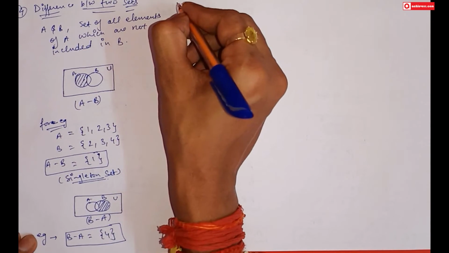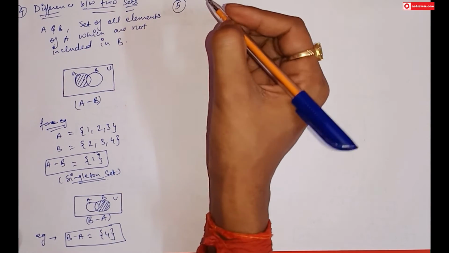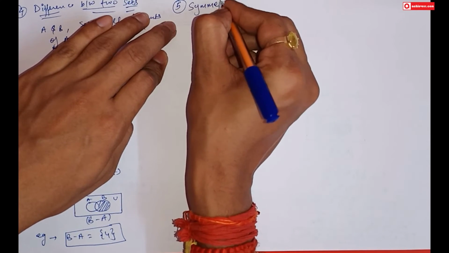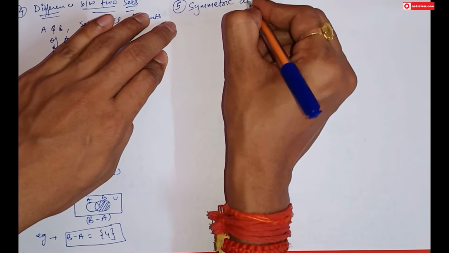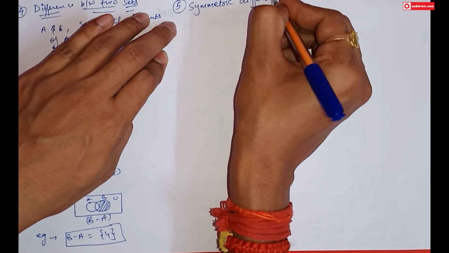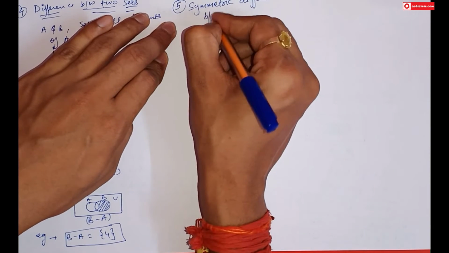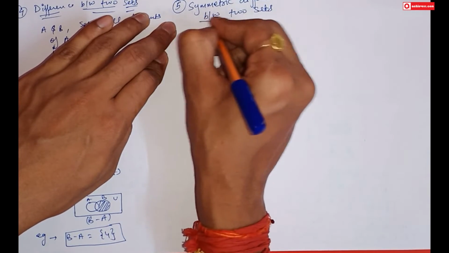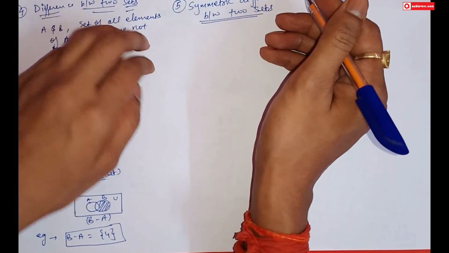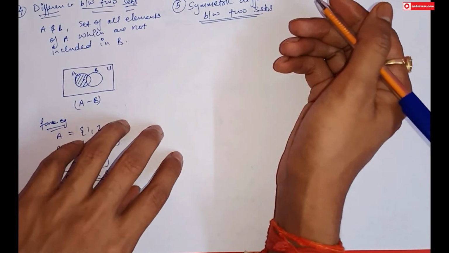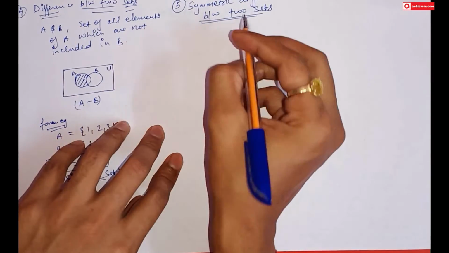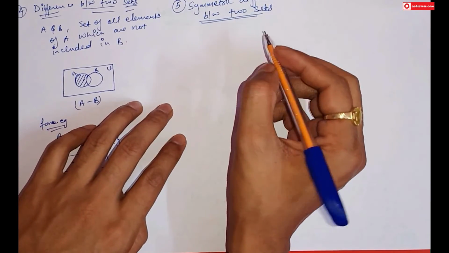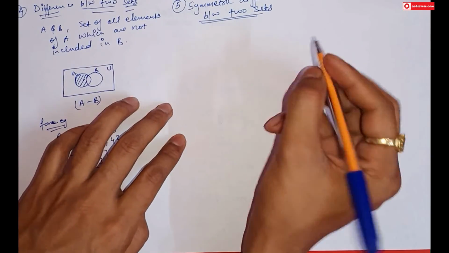Okay. So the fifth one is symmetric difference between two sets. So in symmetric difference, it is same as the difference between two sets, but in symmetric difference, we just eliminate the common part, that is the common elements of the set.